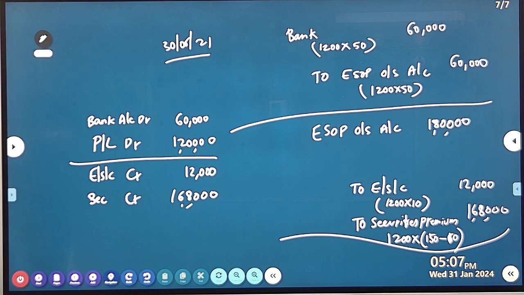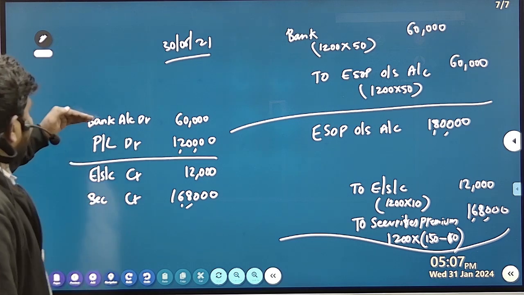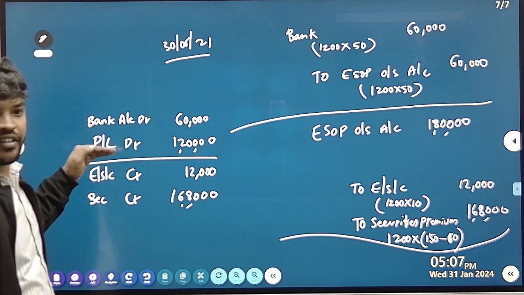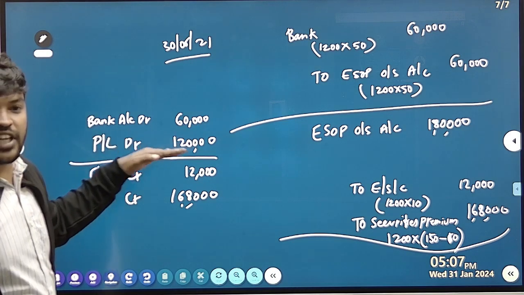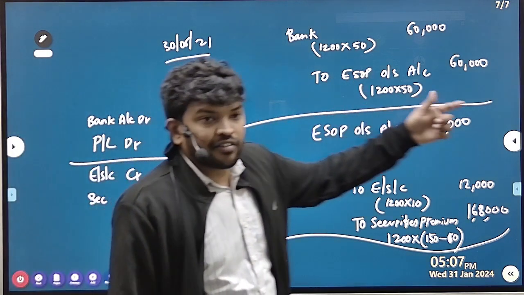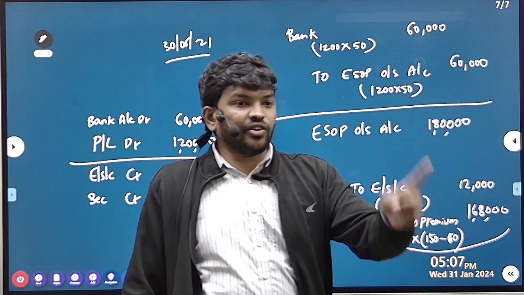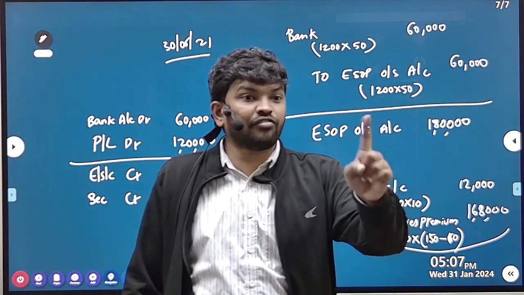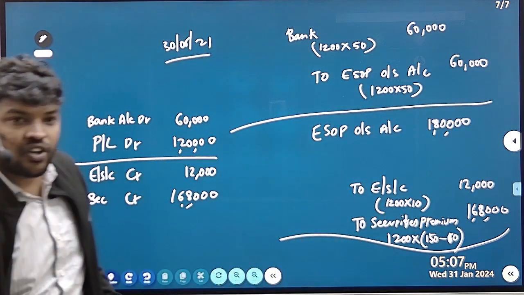अंडरस्टैंडिंग है? इनडायरेक्टली देखो, बैंक अकाउंट डेबिट, P&L एक्सपेंस. एक्सपेंस क्यों? 10 रुपीज का फेस वैल्यू का शेयर इनडायरेक्टली 150 में इश्यू कर रहा है. यस और नो?